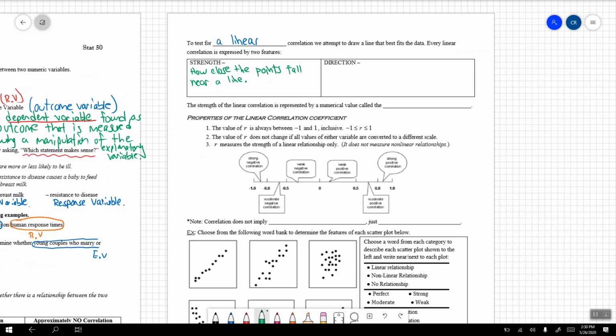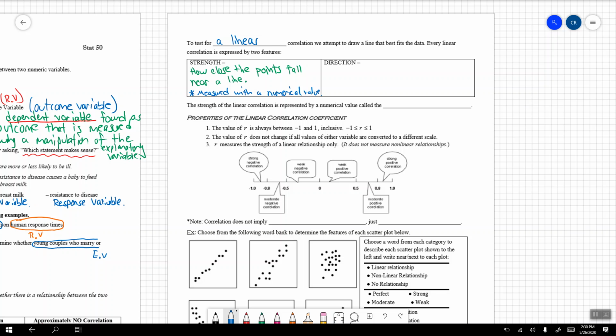Typically, what we're going to do is start measuring this with a numeric value. We don't want to just look at a data set and say, oh yeah, just because I see it, this is going to have some strong correlation.